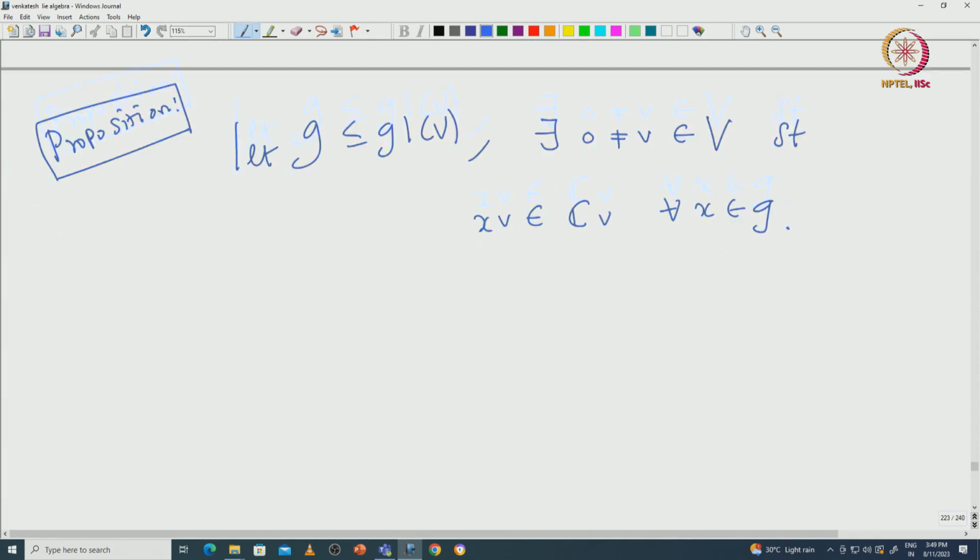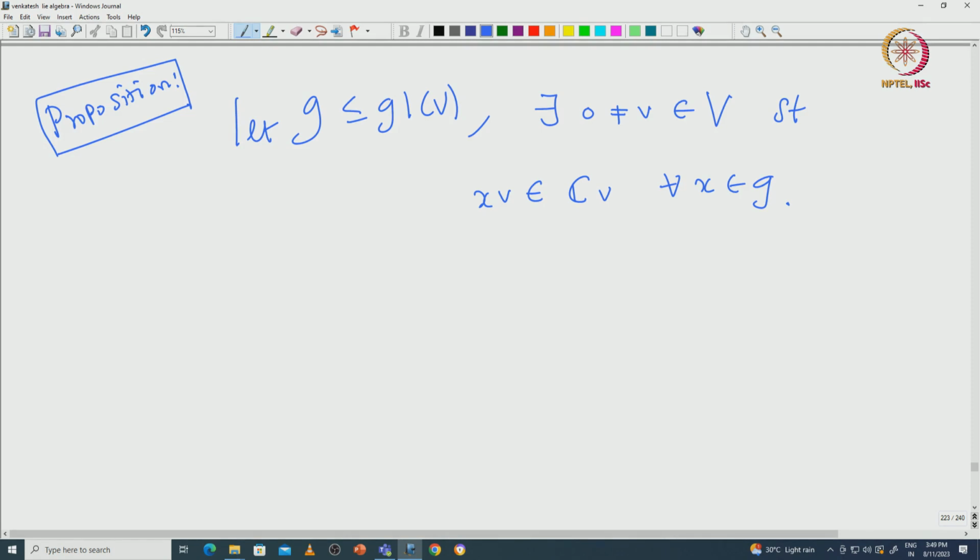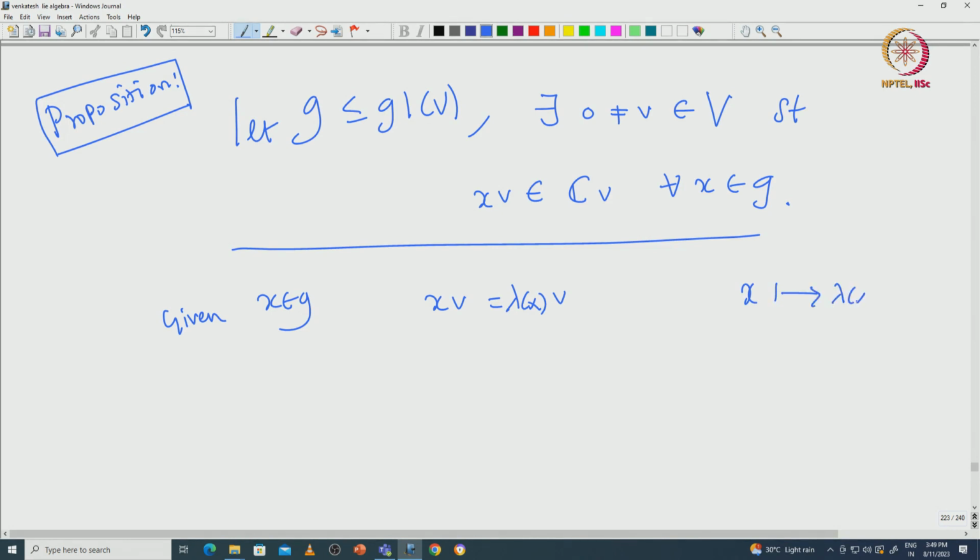It is not hard to see. Using this information, given x in G, x v will be some scalar times v, which we can call lambda of x. This association x goes to lambda of x defines a map from G to the complex numbers.